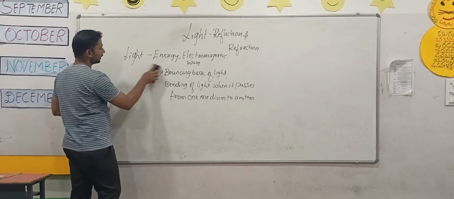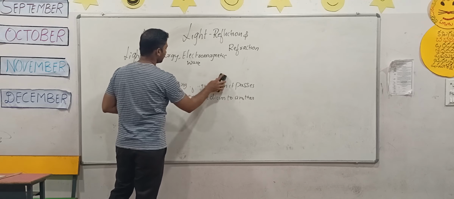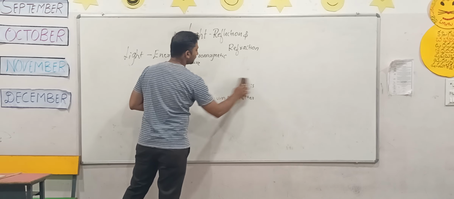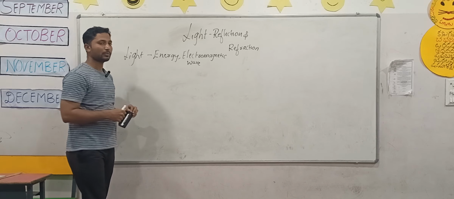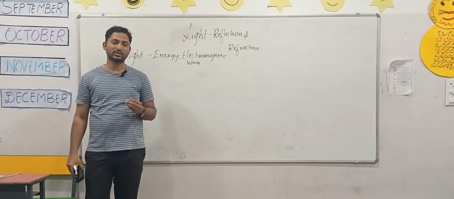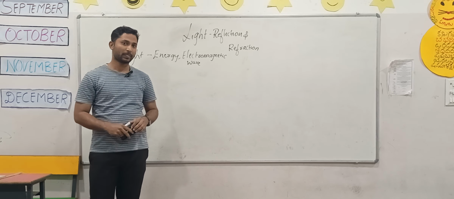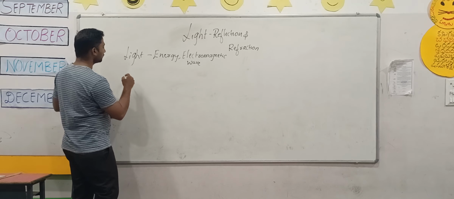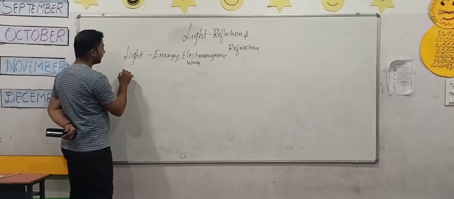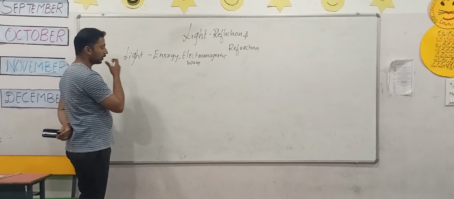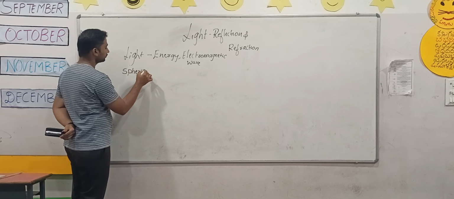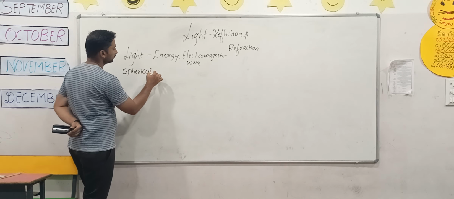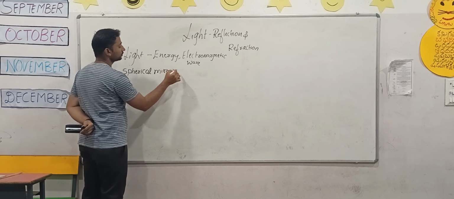Now next, in this chapter we need to study about, and in grade 7 and grade 8 you studied about, image formation by the plane mirror and image formation by spherical mirrors. In spherical mirrors we have two types. Which are those?